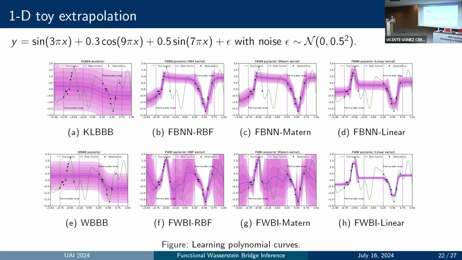We can see that compared with the other methods, our FWBI shows stronger capability to recover the main polynomial characteristics in the observation range. And it can provide more accurate uncertainty estimation in these 3 unseen regions with appropriate RBF and Matern kernel GP priors.